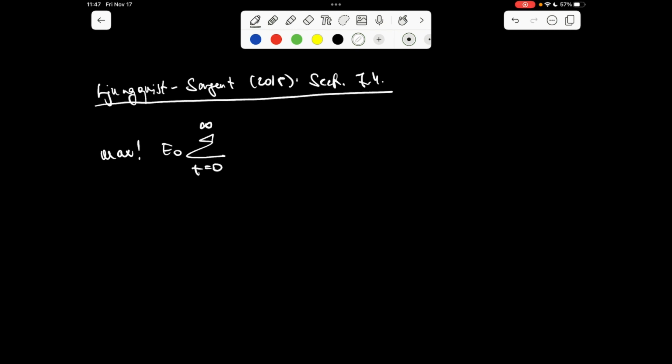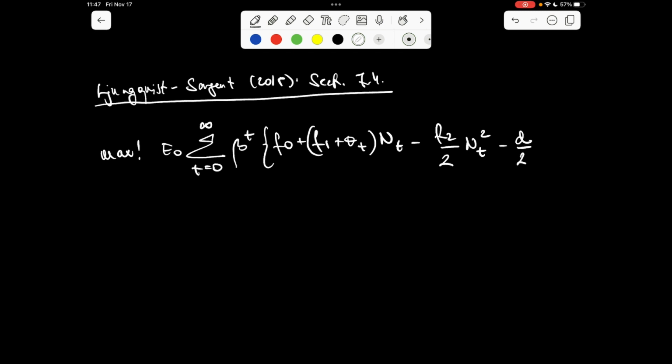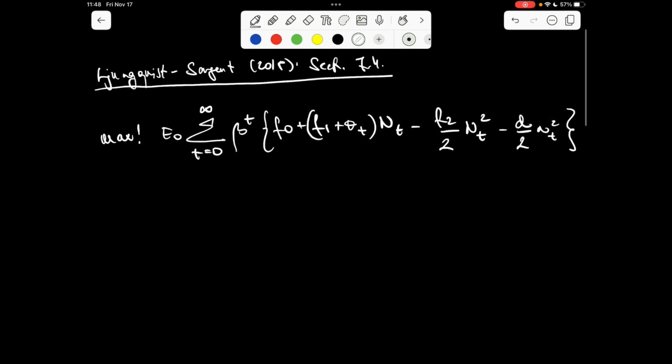This is the problem of the social planner, to maximize the value of this objective function. This is a stochastic problem.